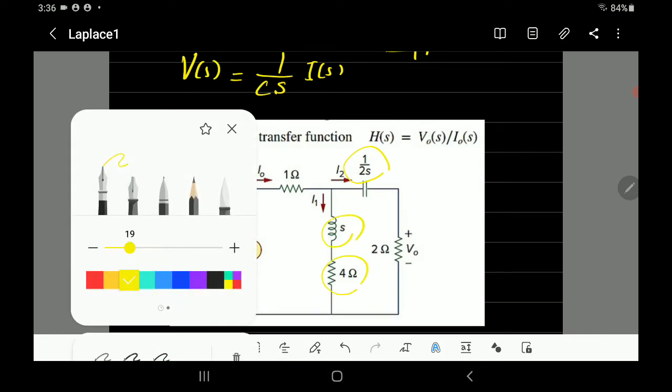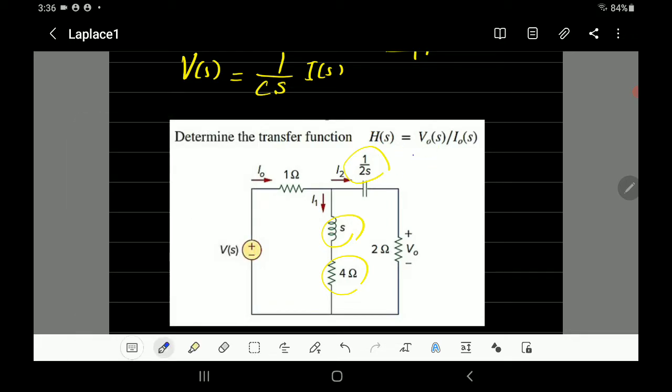You can tell that for 1 over Cs, C is equal to 2, and here L is equal to 1, because this is Ls. So the circuit is already transformed to the s domain.